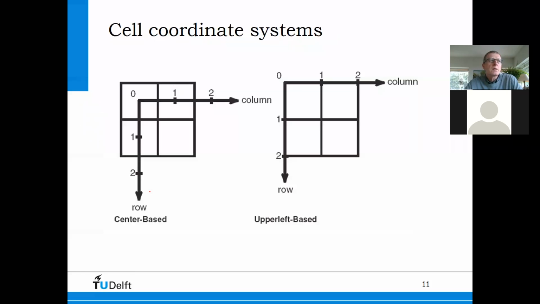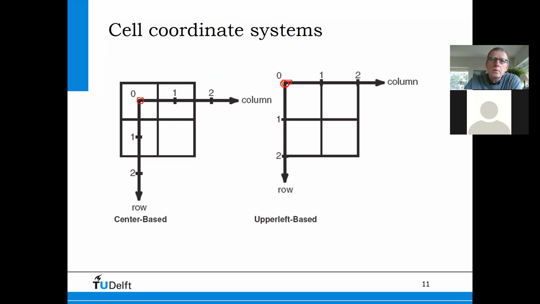A second little detail is about the actual location of the raster cell and the corresponding X and Y coordinate, or row and column index. Does it correspond to the middle of the cell, or, for example, as depicted here, to the upper left corner?